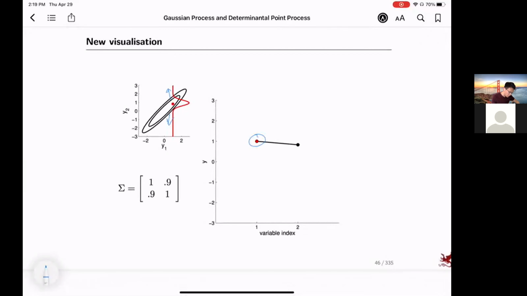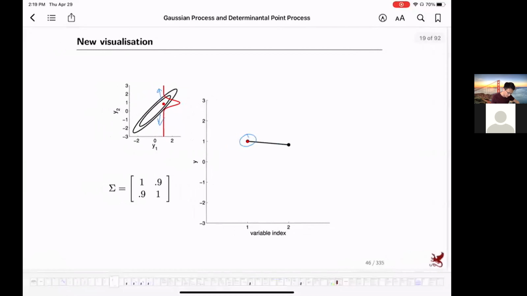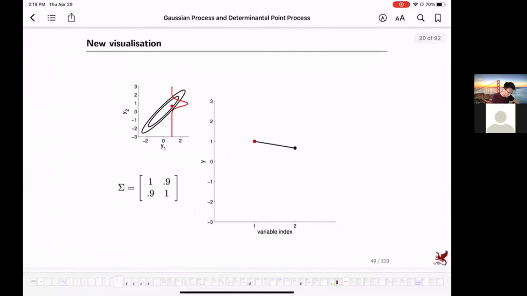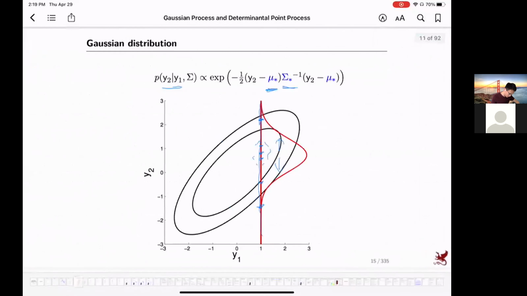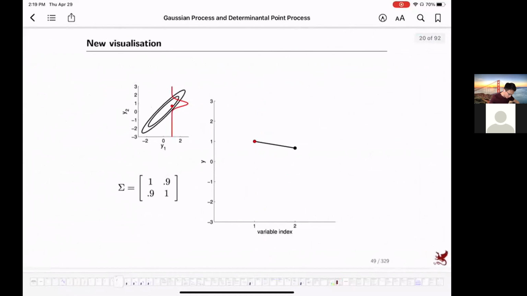So I will be able to get a visualization that looks like this one. If I move down a little bit, you can see the right-hand side also moved down a little bit. Let's compare these two visualizations. Okay, this is a new visualization I can do of this multivariate Gaussian.